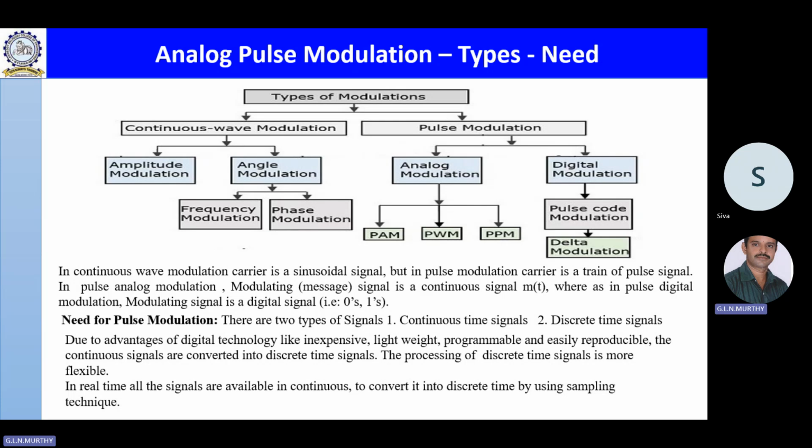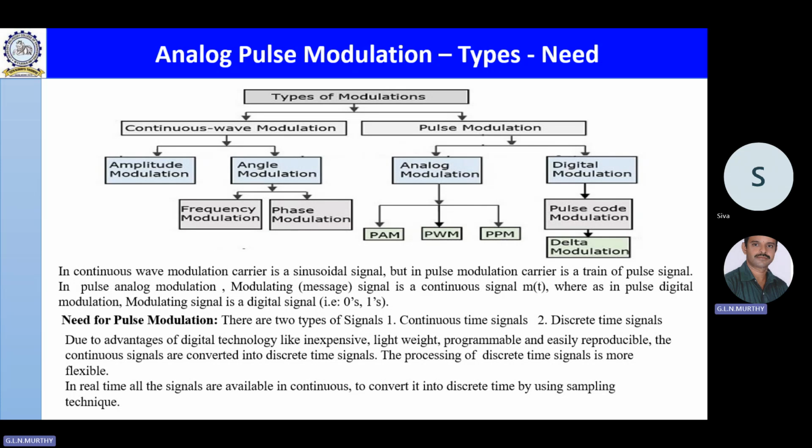We defined in the beginning of our lecture series that modulation is the process of changing some parameter of a high frequency signal called the carrier signal in accordance with the instantaneous value of the message signal. Being a communication engineer, the definition of modulation must be familiar to everybody.